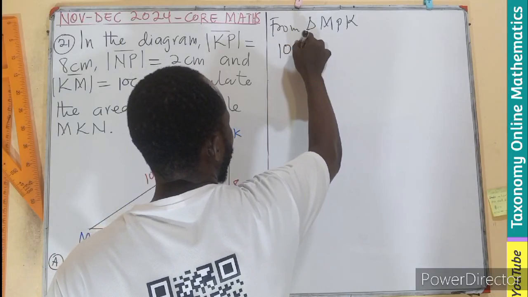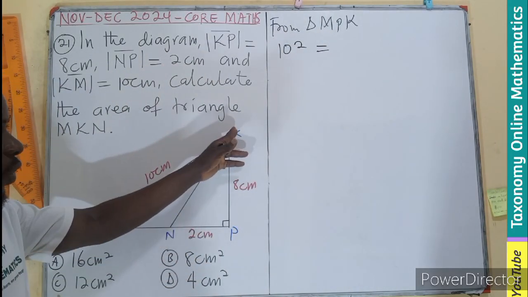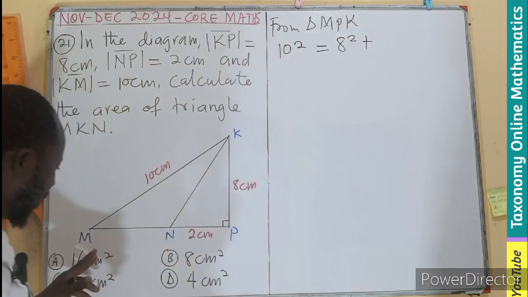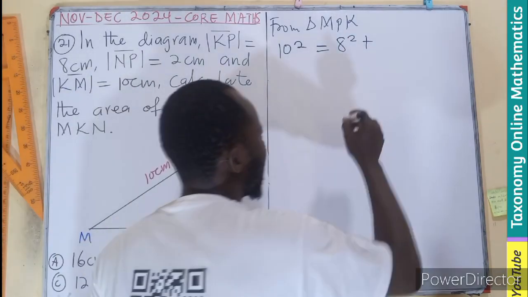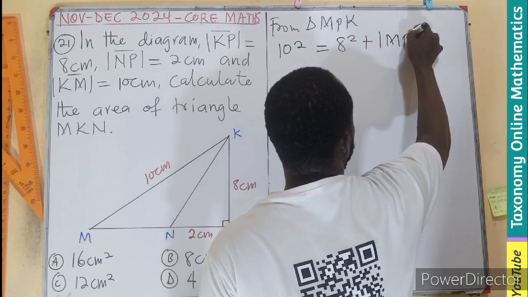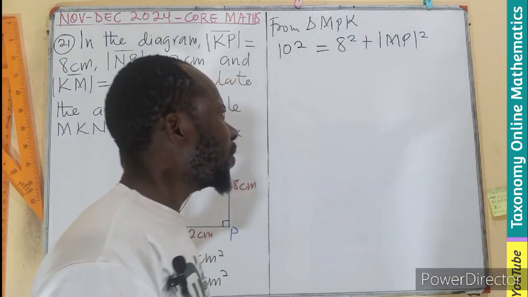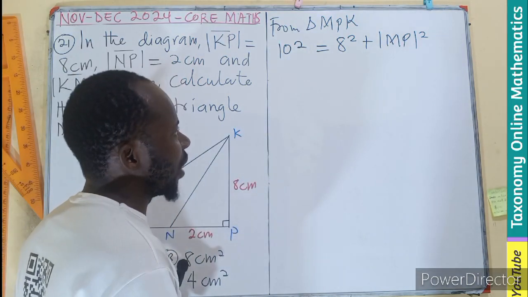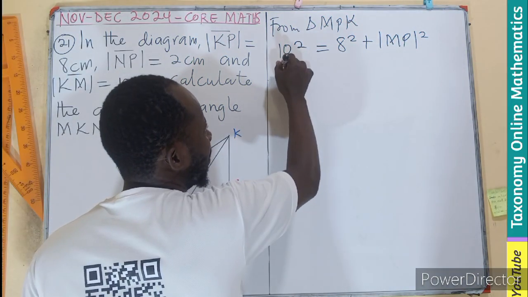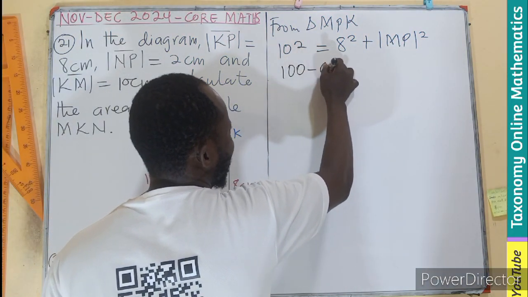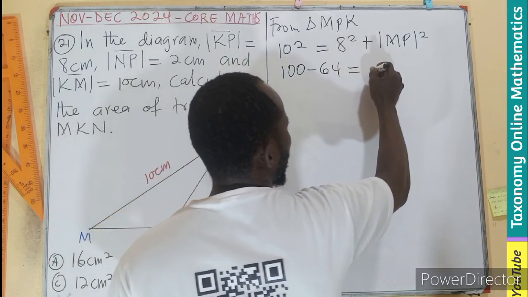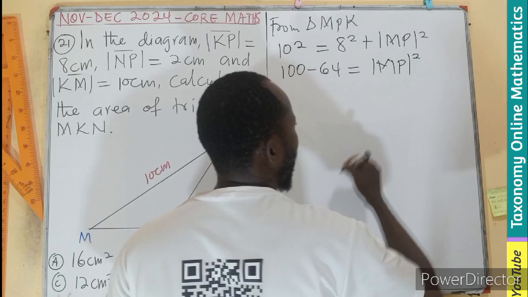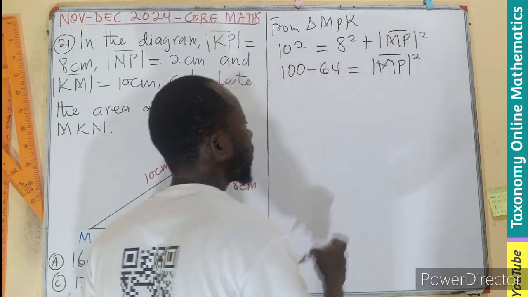So 10 centimeters squared equals 8 centimeters squared plus M to P, that is MP, all squared. But we are looking for MP. So we subtract 8 squared from both sides, making 100 minus 64 equals MP all squared.